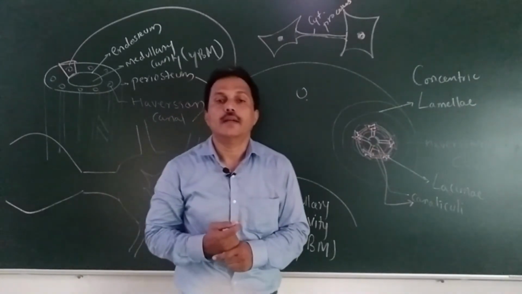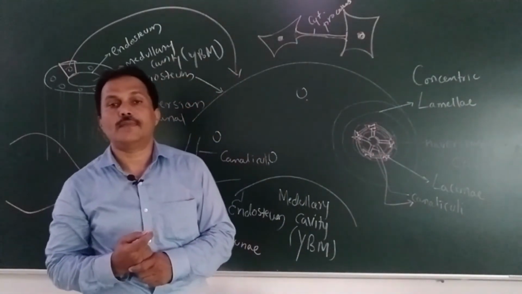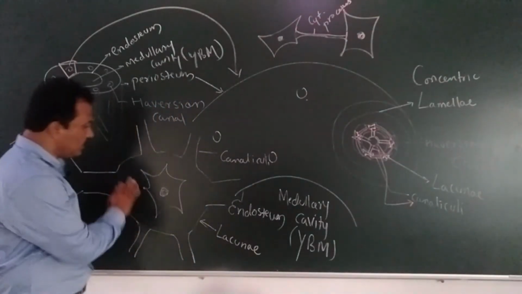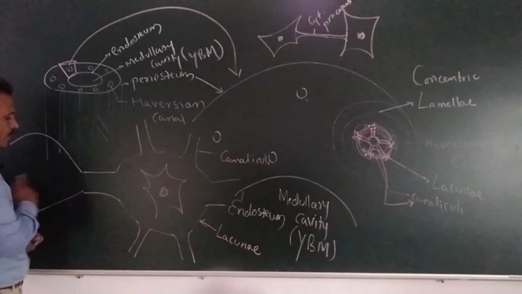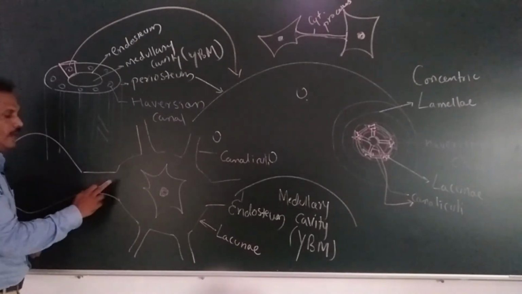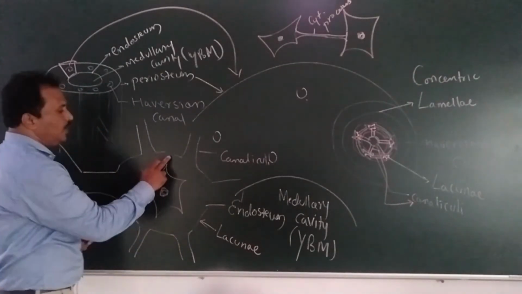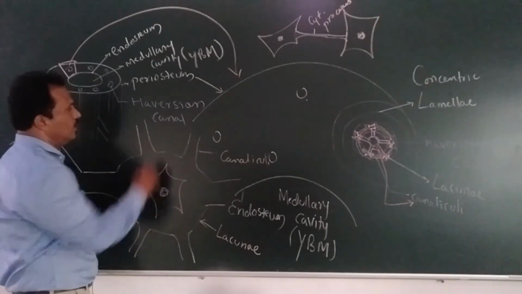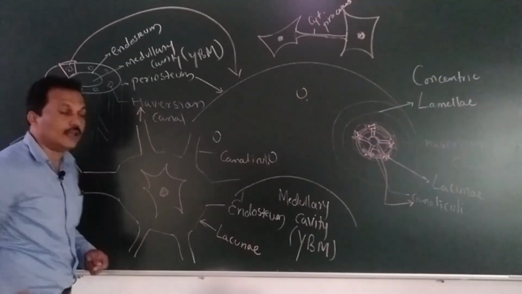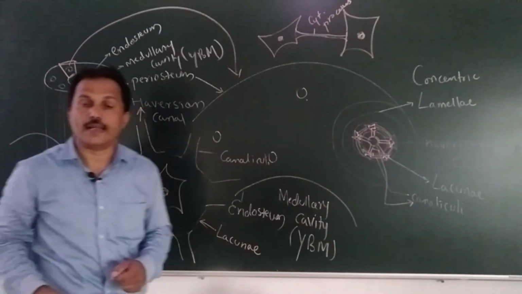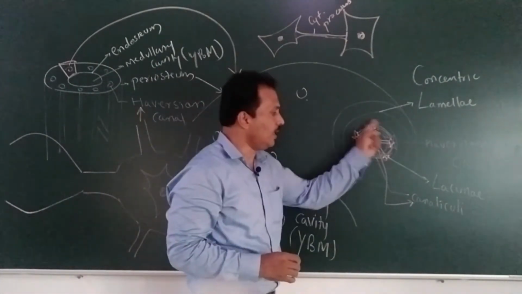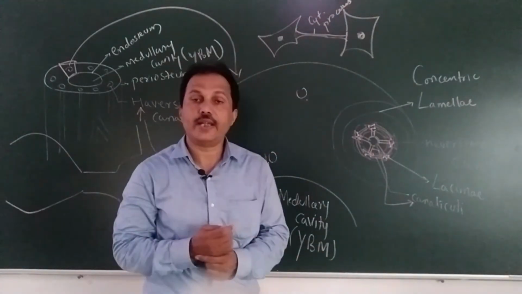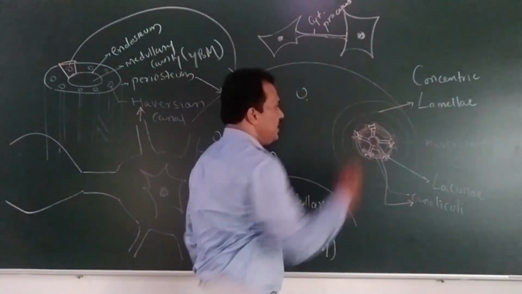I hope that you might have understood the concept of lacunae. This is the lacunae and this is connecting another lacunae through the canaliculi. At the same time, it is connected with the help of a channel to the Haversian canal. And these are the concentric layers, the concentric lamellae.